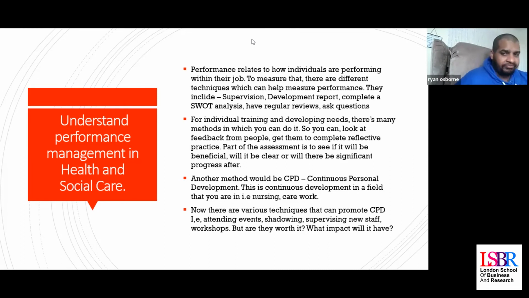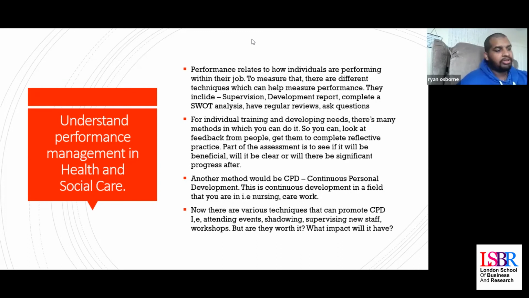You can include techniques such as supervision, developmental reports, like we said before, completing the SWOT analysis, having regular reviews, and asking questions as well.